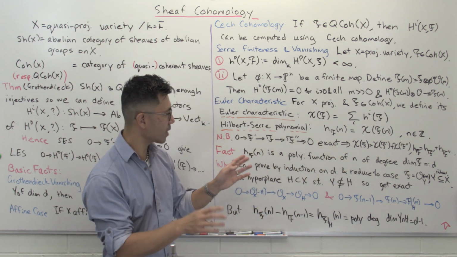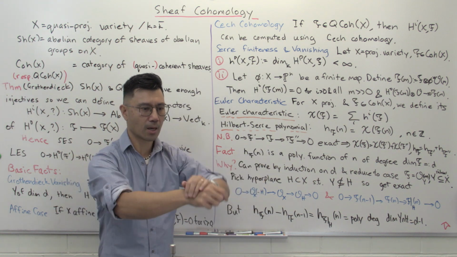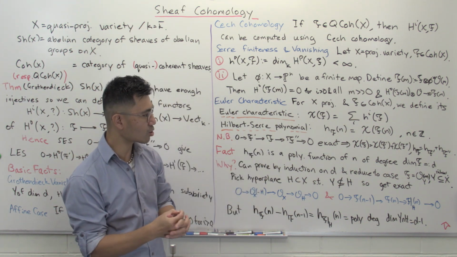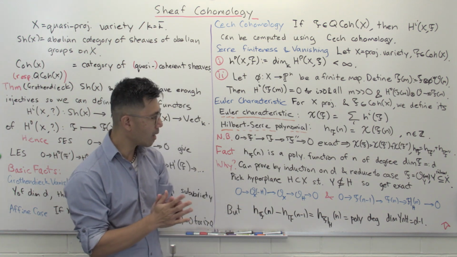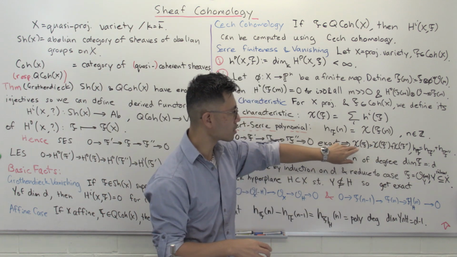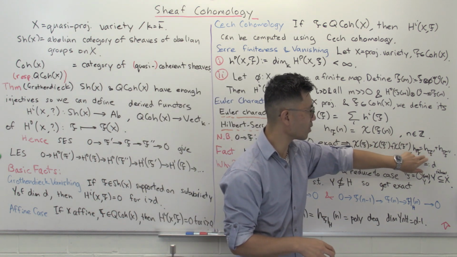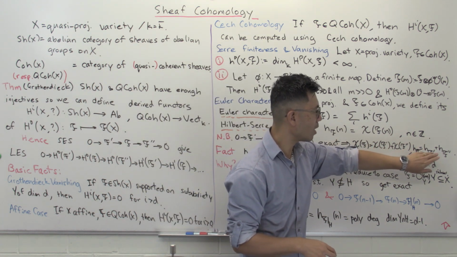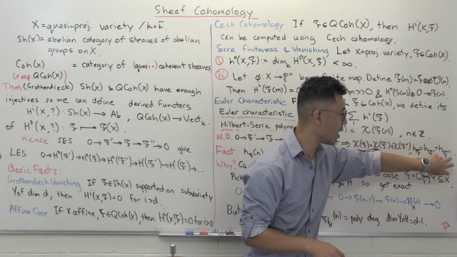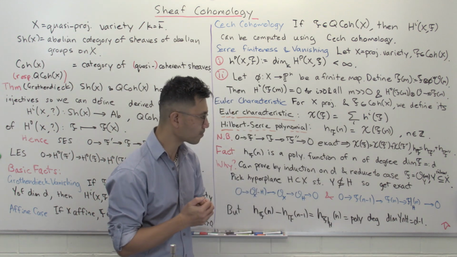This F has to be essentially just an extension of skyscraper sheaves, so you're just looking at O of a point. By this property here, the Hilbert function of a sheaf can be given by the sum of the Hilbert function of a subsheaf and the corresponding quotient.